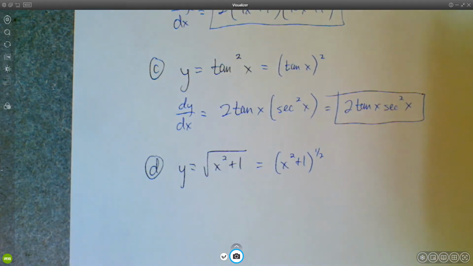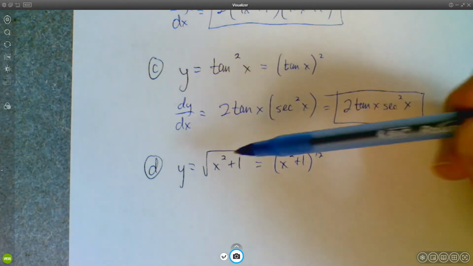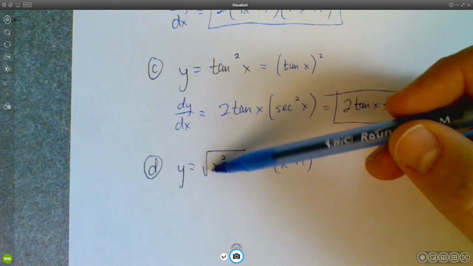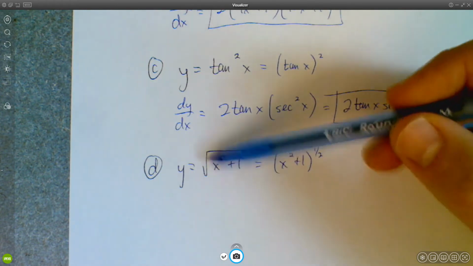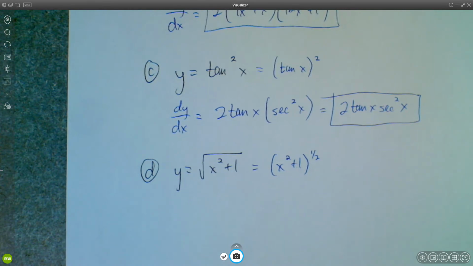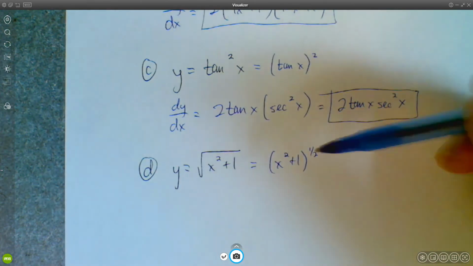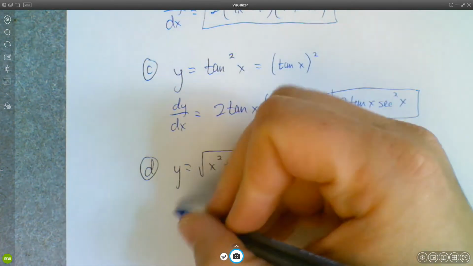Without the chain rule, it wouldn't be possible for us to do this differentiation unless we just did the limit definition version. But this square root doesn't distribute across addition, so you can't just say this is the same thing as x plus 1 or something like that. So it causes problems. But now that we have the chain rule, this is actually pretty nice.